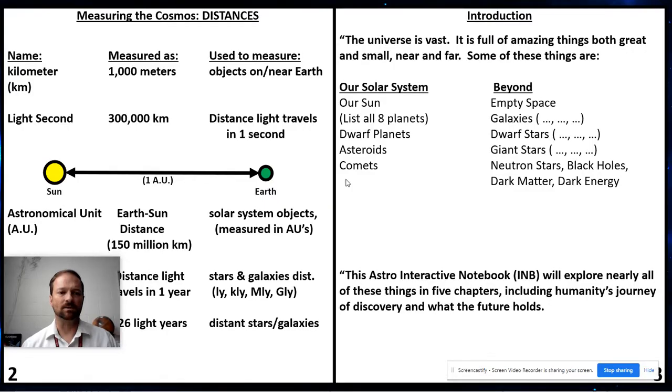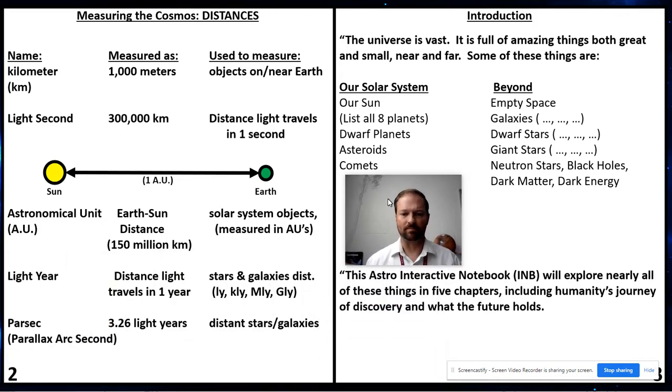Take a look at what you've got in page 2 and 3. I'm going to put my picture off to the side here. Page 2, we covered the distances in measuring the cosmos. We're going to use this term AU quite a bit, astronomical unit. The AU is used in every instance of objects defining their distances inside the solar system.